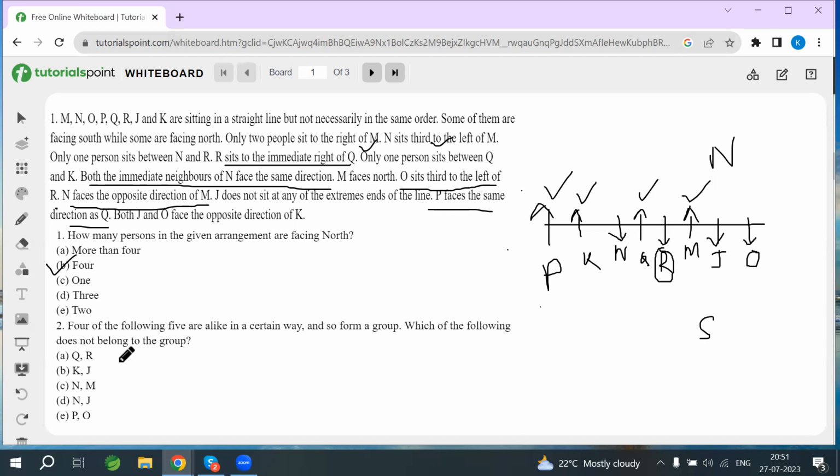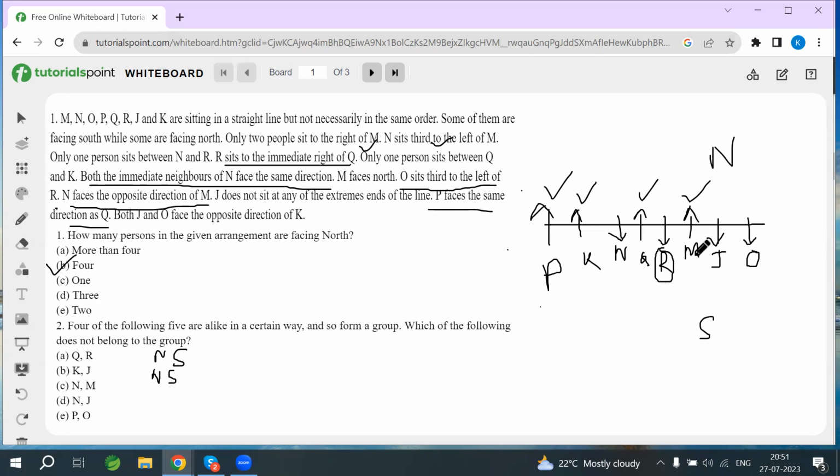Now the next one: four of the following five are alike in a certain way and so form a group. Which of the following does not belong to that group? Q and R are in the pattern north, south. K and J are also north, south.